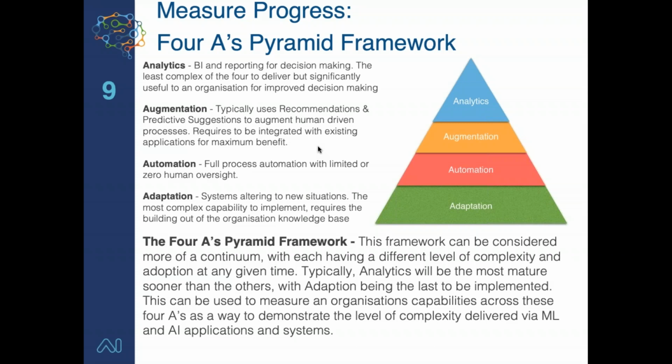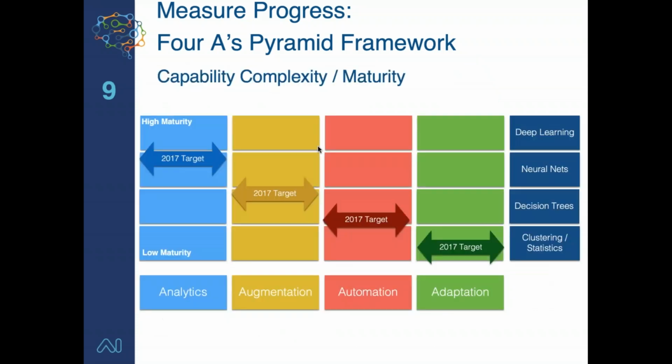This is an example very much tailored to a machine learning and AI area, but the idea with this framework was we could measure how mature we were across different types of machine learning, whether that's analytics, automation or augmentation, and track our adoption over time.